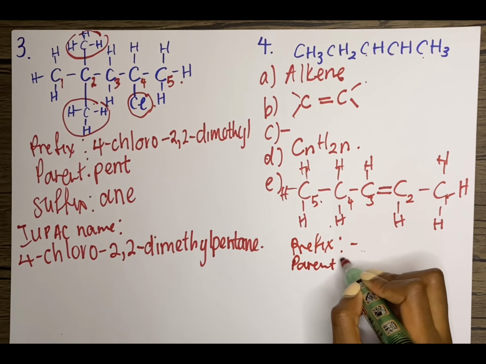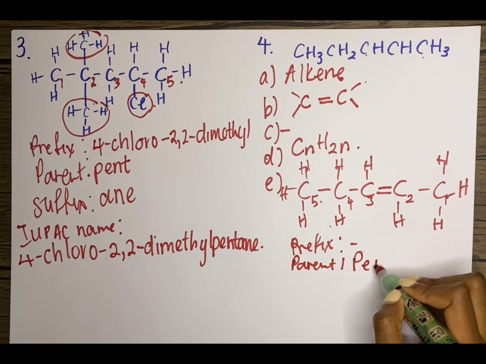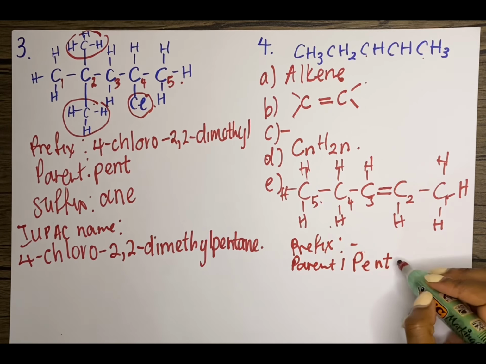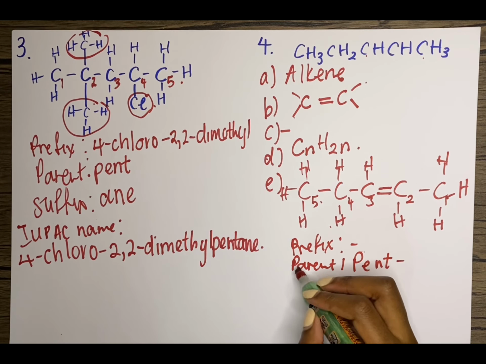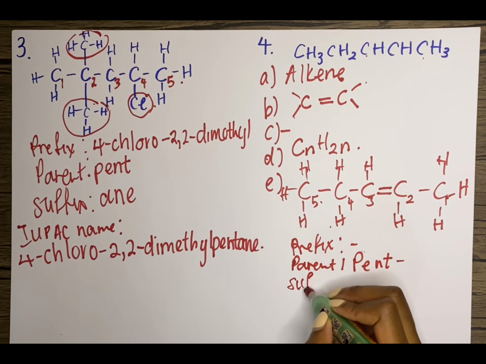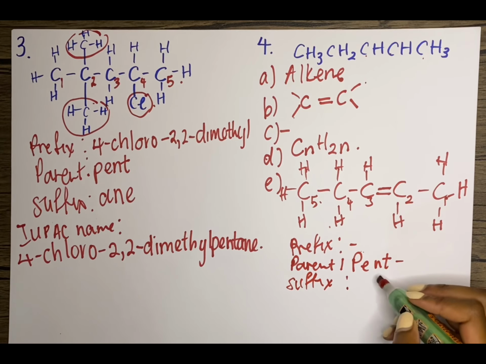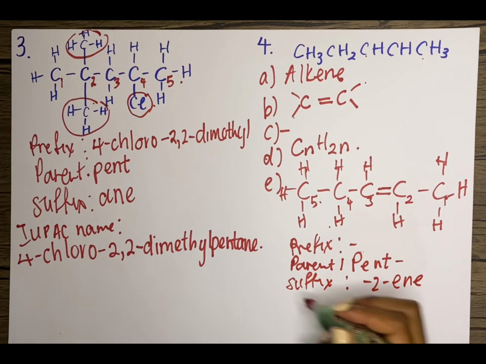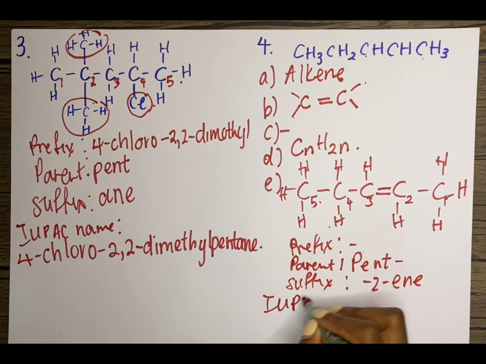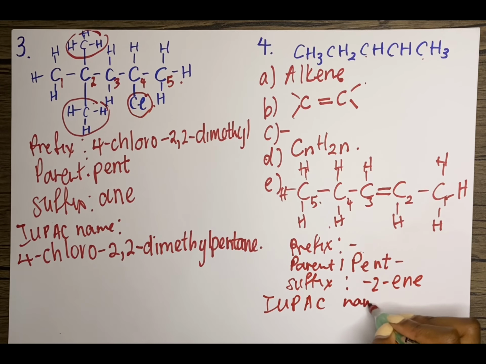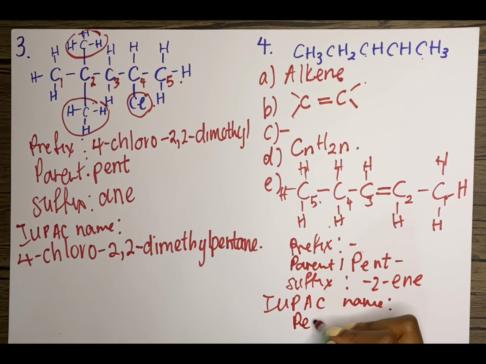My parent chain has 5 carbons, and I have my functional group in position 2. And it's an alkene. So my IUPAC name is pent-2-ene. Right.